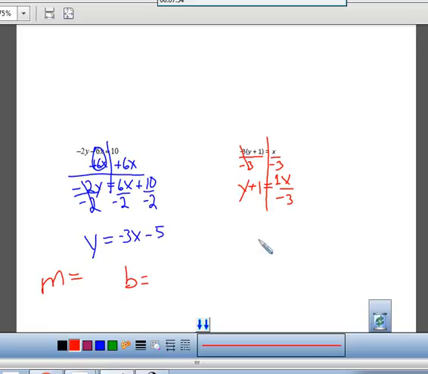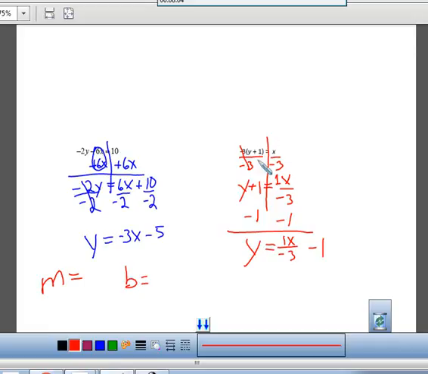Okay, so last step here is to subtract 1 from both sides, and you get y equals 1x over negative 3 minus 1.